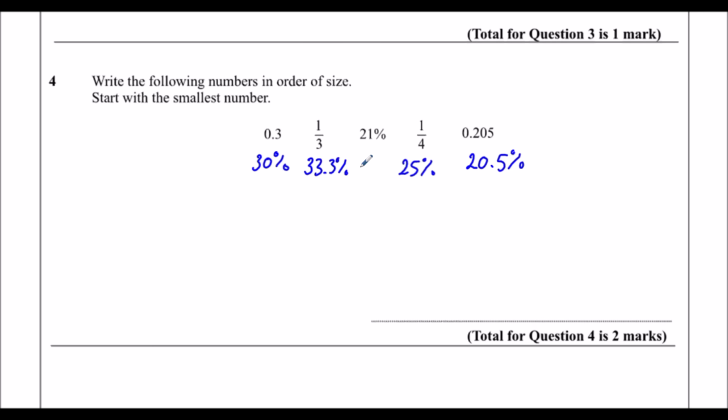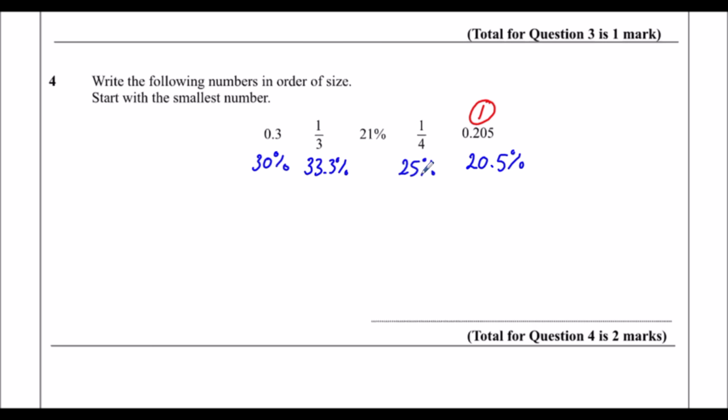So now they're all percentages. We can order them. So we start on the left. So we're going to start in the tens. So we've got 3 and 3 in the tens, and a 2, a 2, and a 2 in the tens. So all the ones with the 2s are the smallest. Then we look at the ones. We've got a 1, a 5, and a 0. So 0 is the smallest. So this will be our first number.